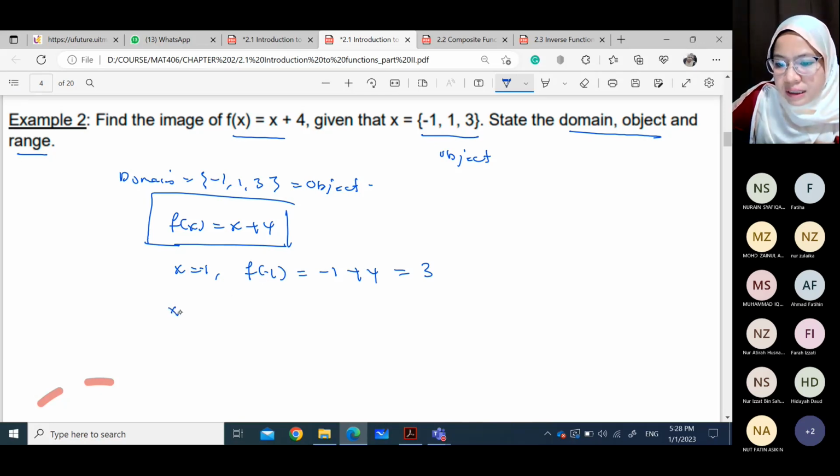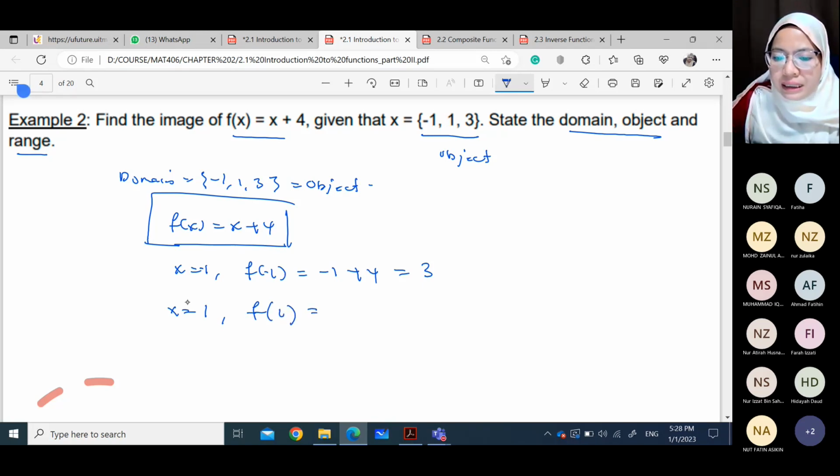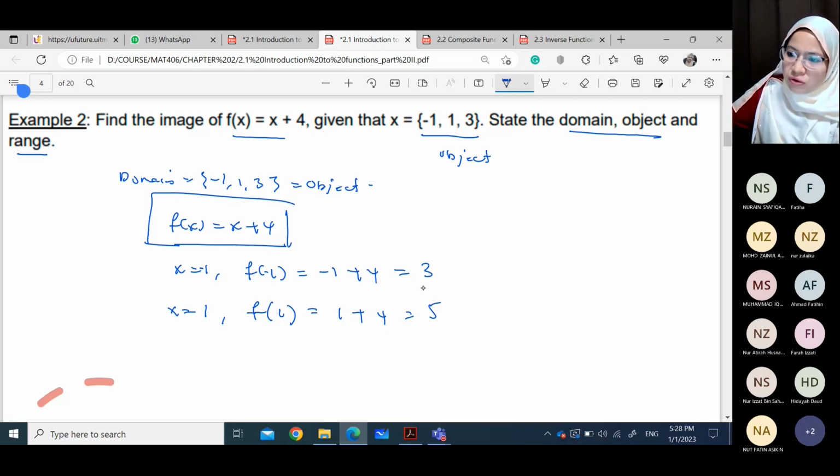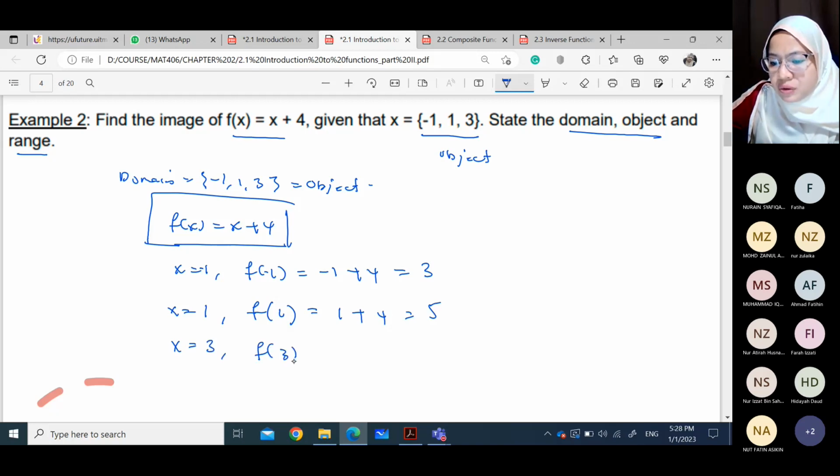And next, the second object is x equals 1. So we find the range, or the image, at x equals 1. We substitute x with 1 in this function and we get 1 plus 4, which equals 5. So 5 is the range for this object. And the last object here is x equals 3. So the function at x equals 3 is 3 plus 4, which is equivalent to 7.